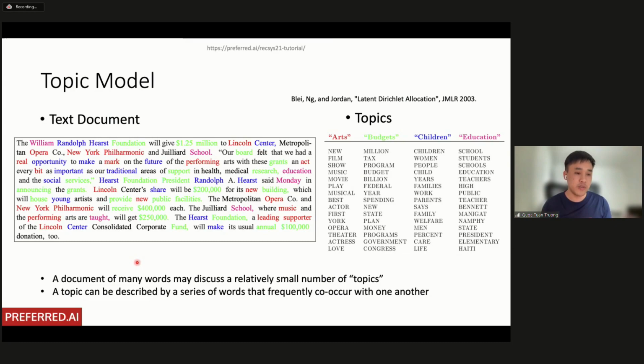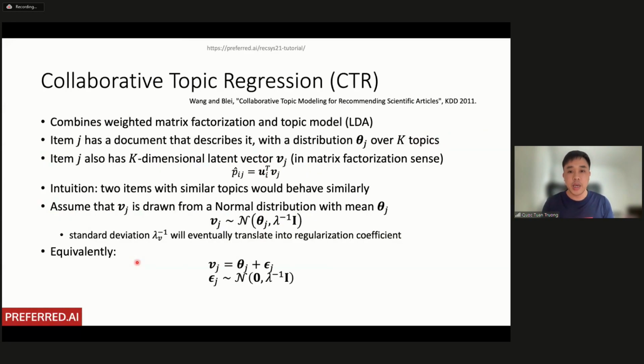So that is the brief idea of a topic model. And people tried to make use of topic models together with the matrix factorization framework for recommendation. This resulted in the paper Collaborative Topic Regression, CTR for short, right? This paper was introduced at KDD 2011. And this year, KDD awarded it a Test of Time award.